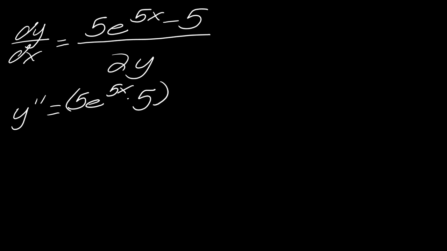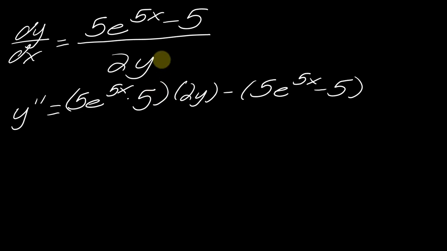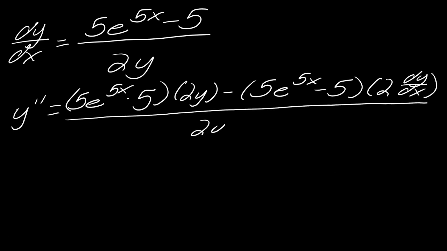And then this other 5 will drop out since it's a constant, and I multiply that by 2y. And then I subtract that from 5e to the 5x minus 5. And then I take the derivative of 2y. The derivative of 2y is just 2, and then dy dx, since I took the derivative of y. And then all of this divided by 2y squared.